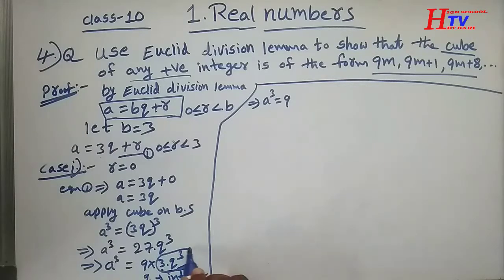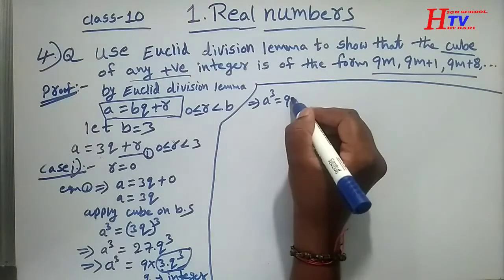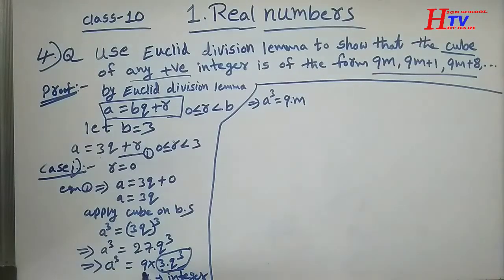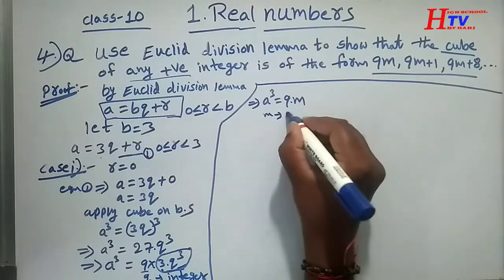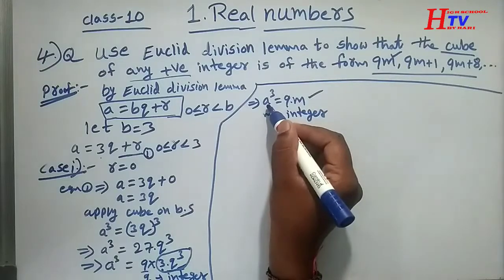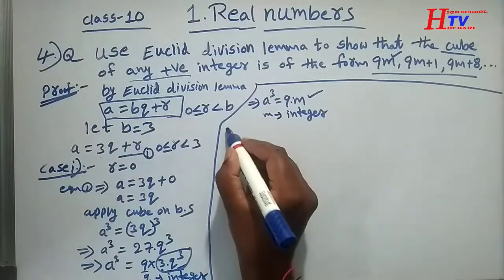I am considering this whole part, 3q cube, as an integer m, so 9m. 9 into this total part, which is an integer, m is also an integer. Cube of any positive integer is in the form 9m, proved.